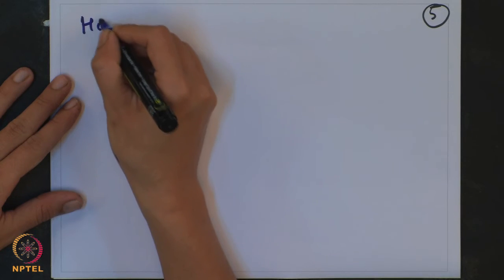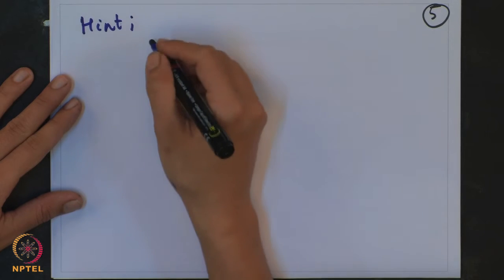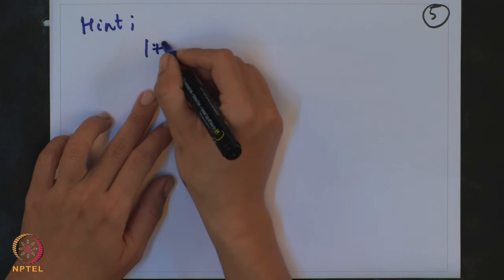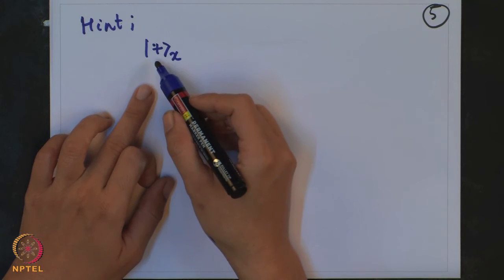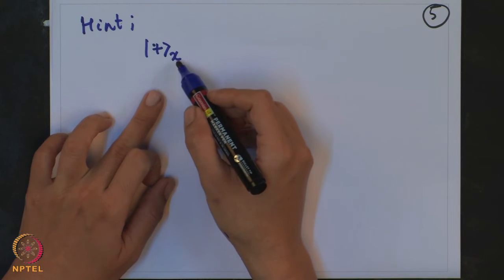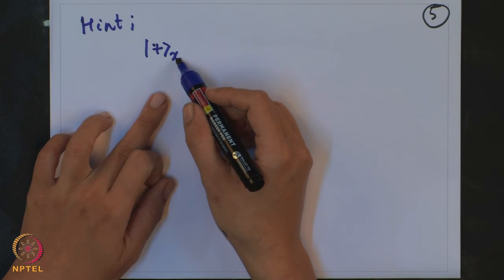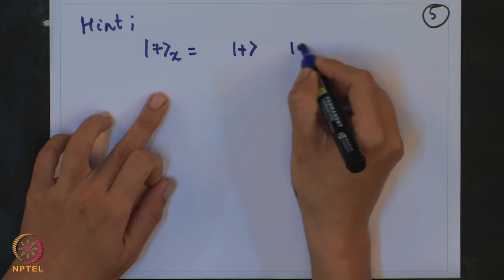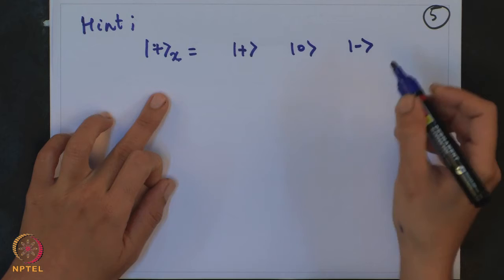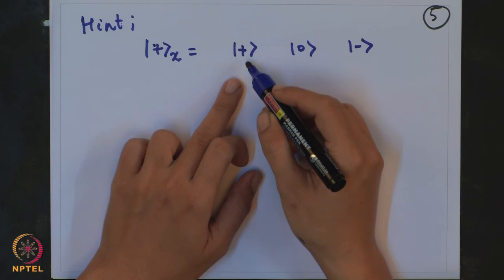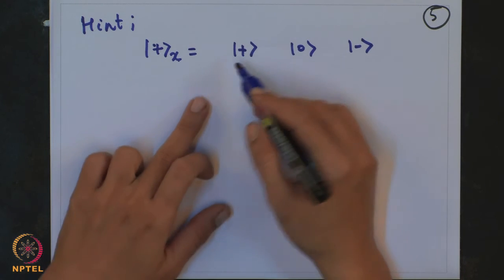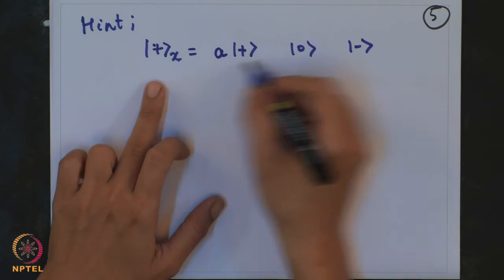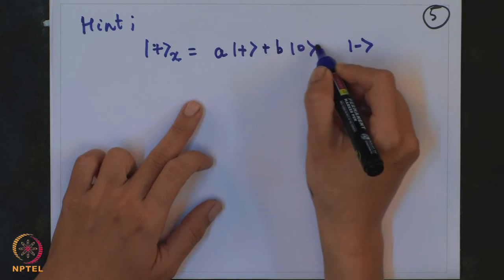I can give you a hint: to calculate the ket plus in the x basis in terms of the kets plus, 0 and minus, which are the eigenbasis of Lz, let us write a linear combination of these.